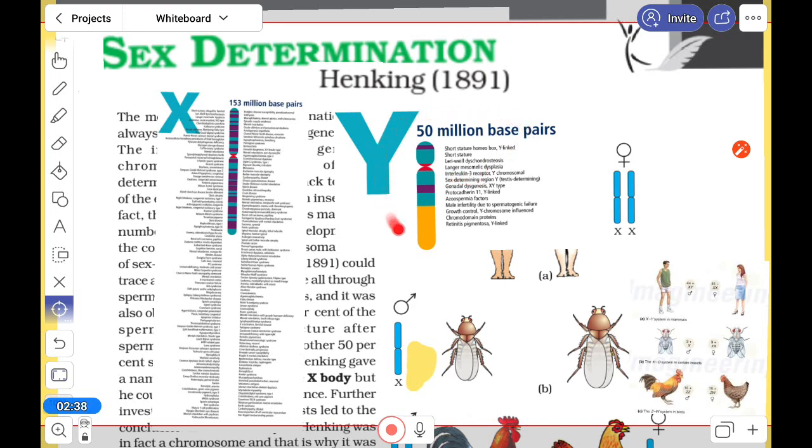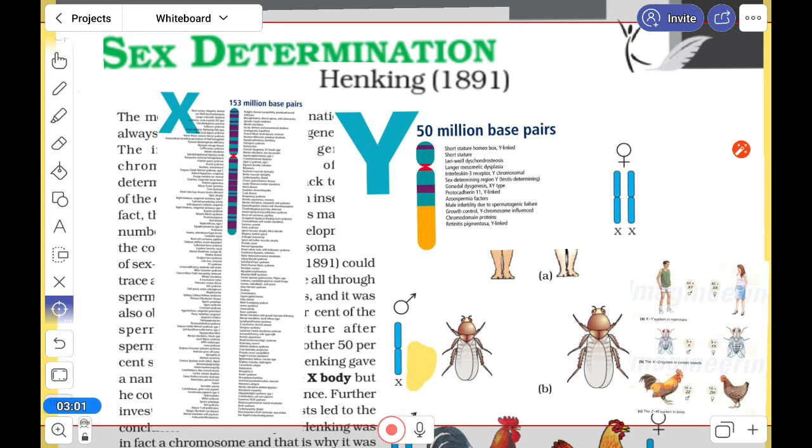It is much smaller, only 50 million base pairs, and here 26 to 70 genes are available. You will see that it is written here. In sex determination there are a few methods that we will discuss.